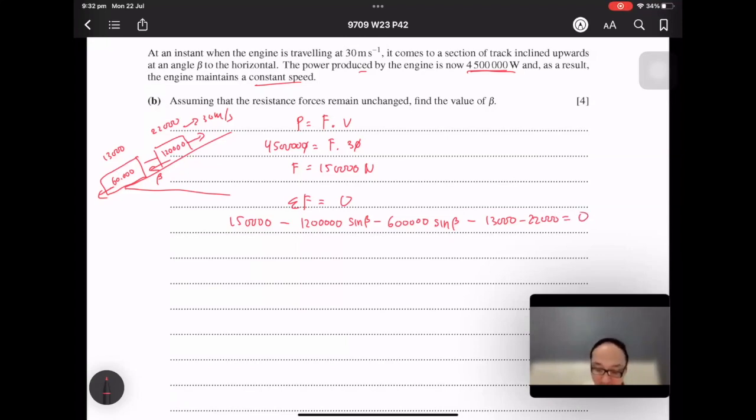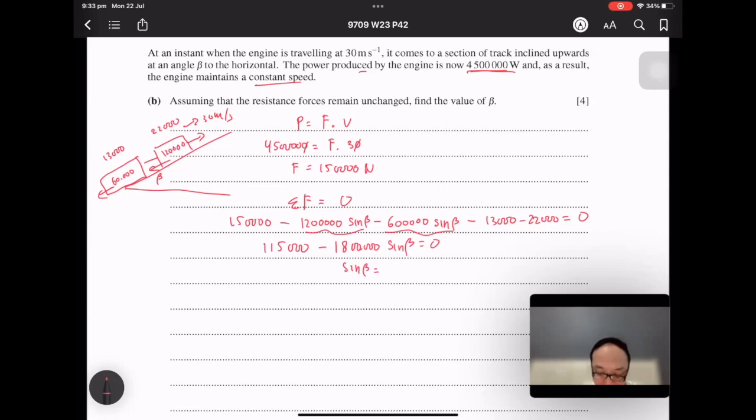So I can collect this sine beta. So 150,000 minus 13,000 minus 22,000, so it's 115,000 minus 1,800,000 sine beta equals 0.